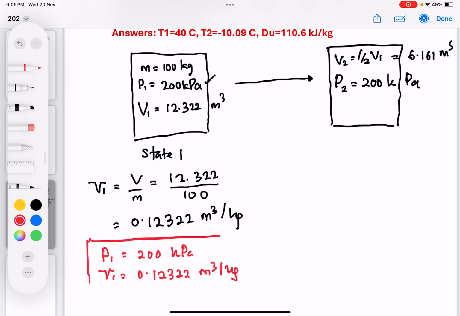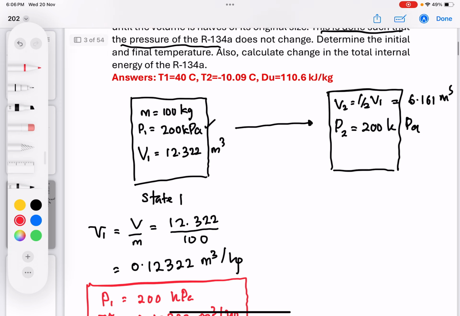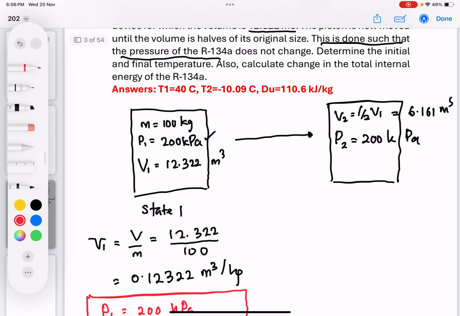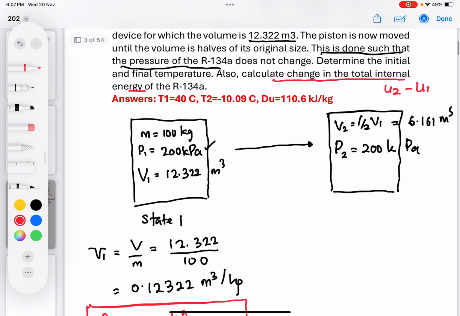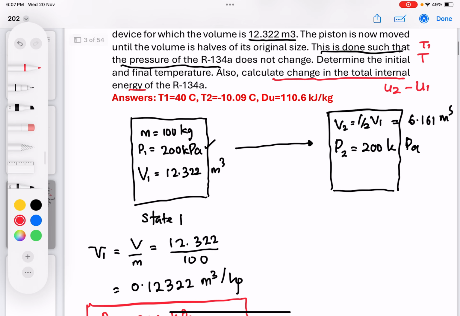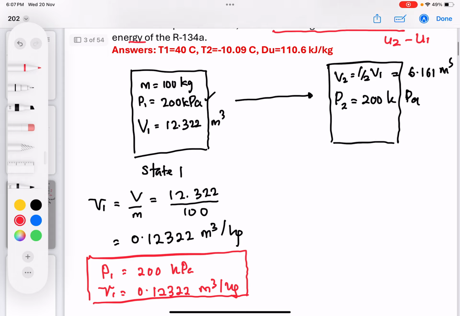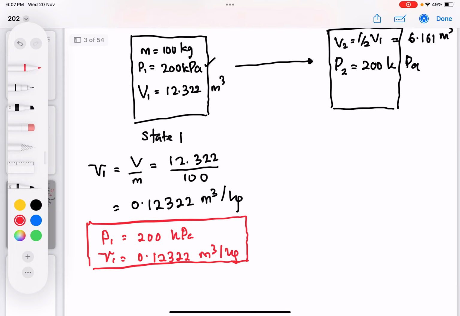By knowing these two, I can obtain other properties, because the question asks for the change in total internal energy, which is U2 minus U1, internal energy represented by the symbol U, and also asks for the temperature at state 1 and the temperature at state 2. So now I have pressure of 200 kilopascal and specific volume of 0.12322.